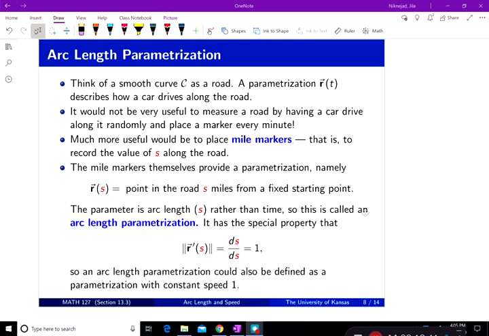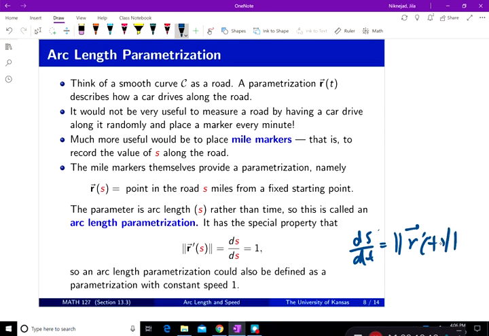And then there's a special property of this parameterization. We just discussed that the speed for a parameterization r of t is ds over dt, which is equal to the magnitude of the derivative of the parameterization at time t.